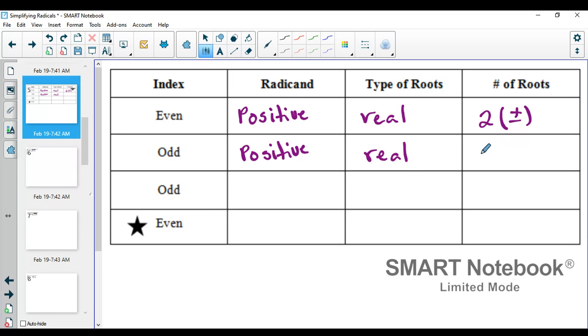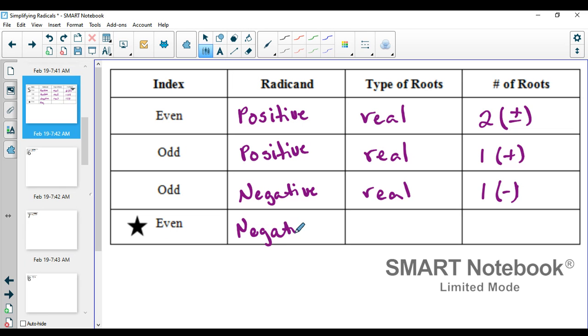And in this case, if it's an odd index, a positive radicand, then it'll have 1 root, and that root will be positive. But if we have an odd index and a negative radicand, then we'll have a real root, and it will once again be 1, but this time it will be negative. So your answer will be negative. Now, there's a special case where if you have an even index and the radicand is negative, your type of root this time will be imaginary.